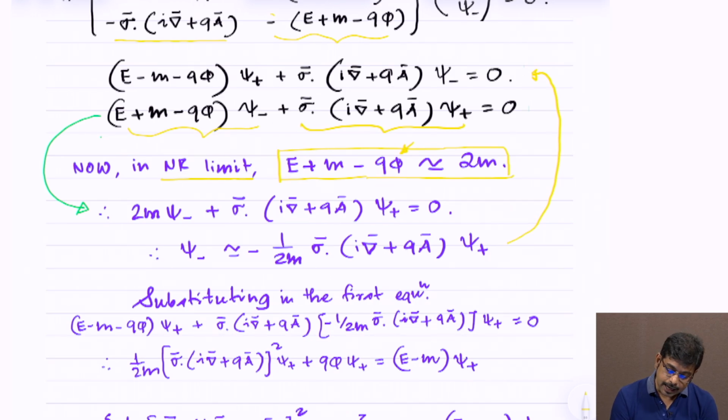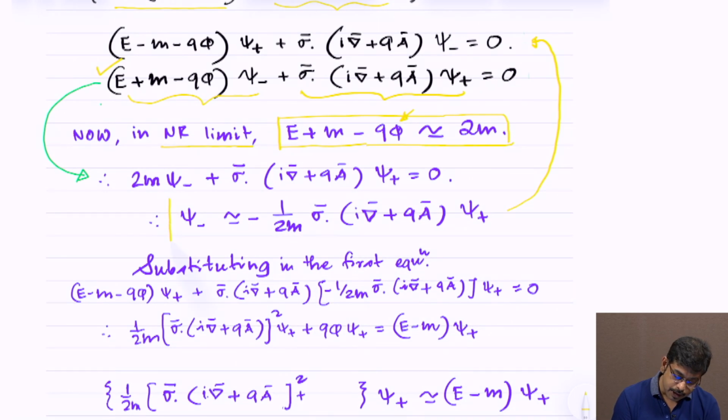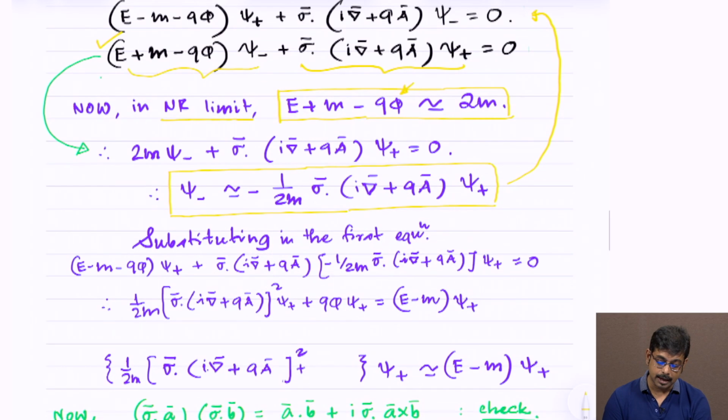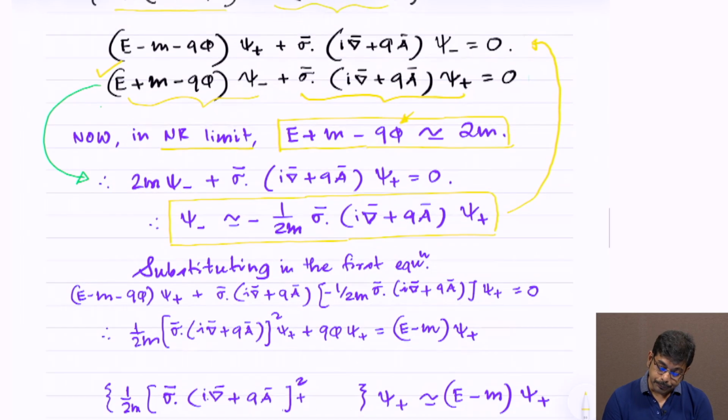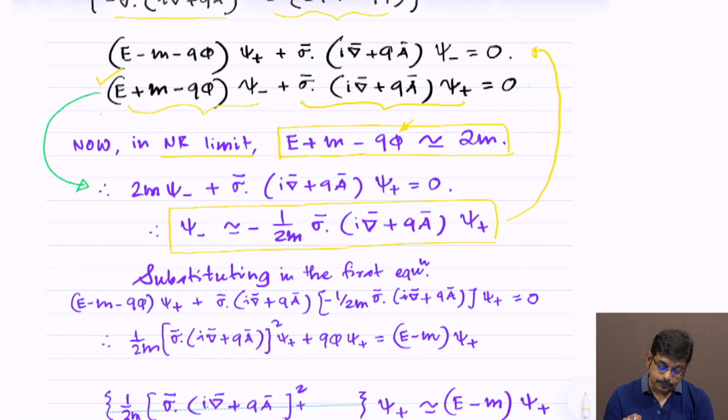So, therefore, this second equation is essentially 2m psi minus plus sigma dot i del plus q A psi plus equal to 0, and this simply gives you an expression of psi minus in terms of psi plus, and that is minus 1 by 2m sigma dot i del plus q A psi plus. Now, what I am going to do is replace this form of psi minus into the first equation.